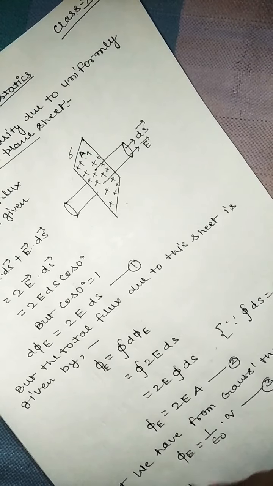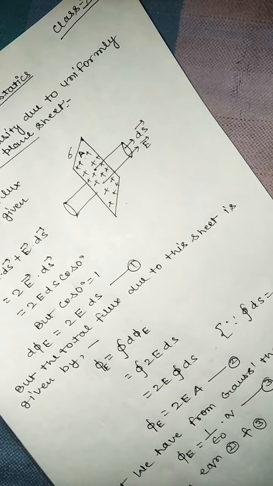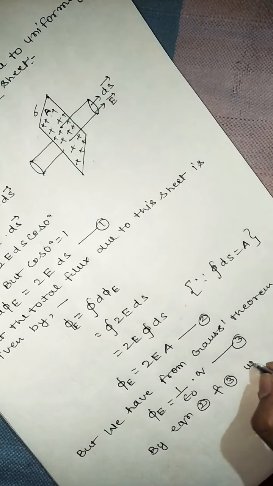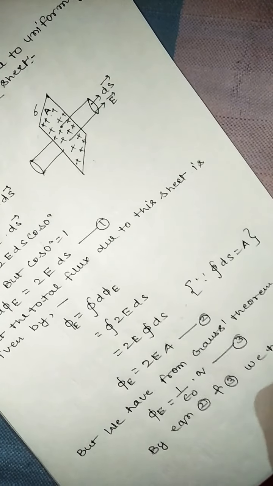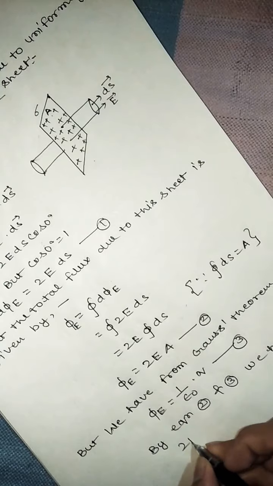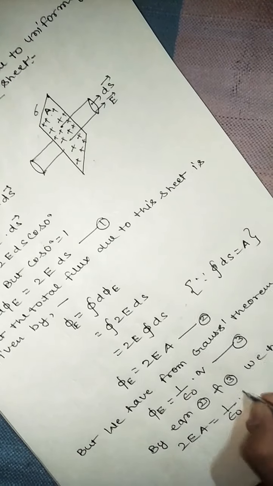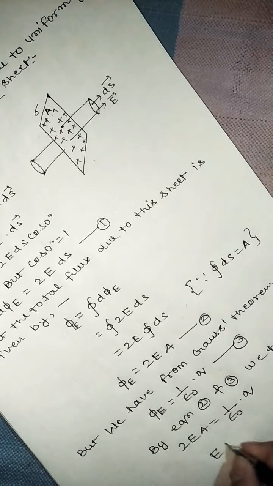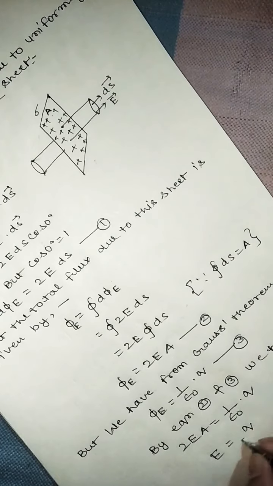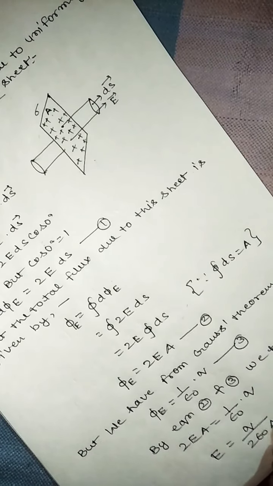By equation 2 and 3, we have 2EA is equal to 1 upon epsilon naught times Q. That is E is equal to Q upon 2 epsilon naught A.